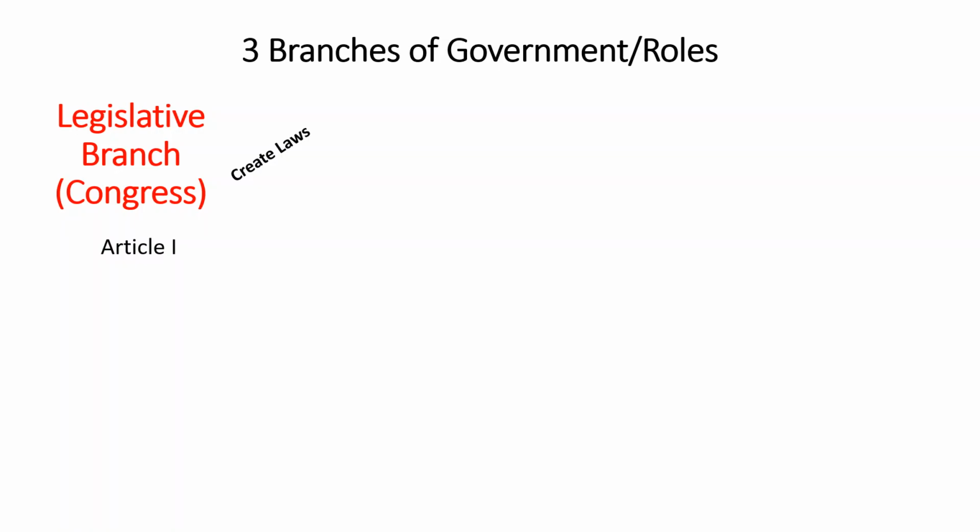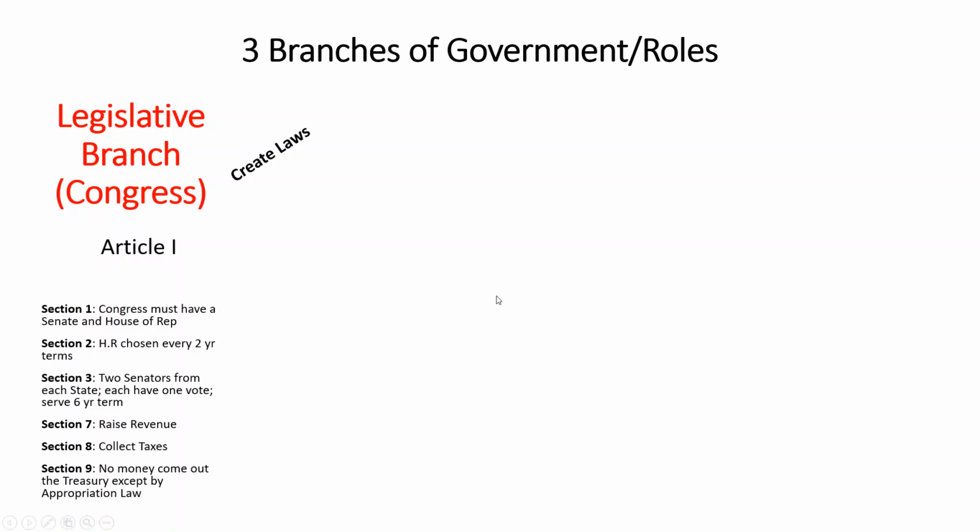the Constitution. And the different sections are section 1, 2, 3, 7, 8, and 9. Those are the topics that are directly related to resource management. And so section 1 says Congress must have a House and a Senate, House of Representatives and a Senate side.